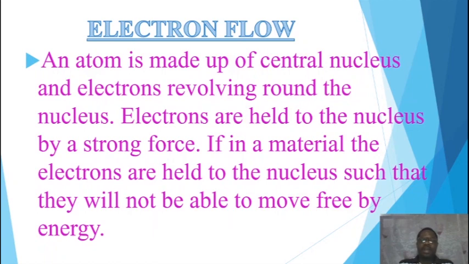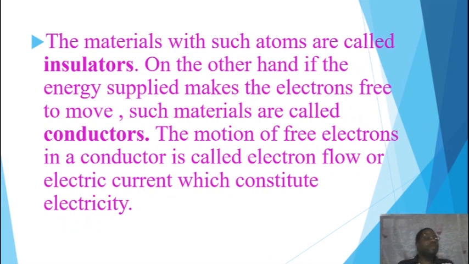So now we say if in a material the electrons are held to the nucleus such that they will not be able to move freely by energy, then we say that such material is called an insulator.